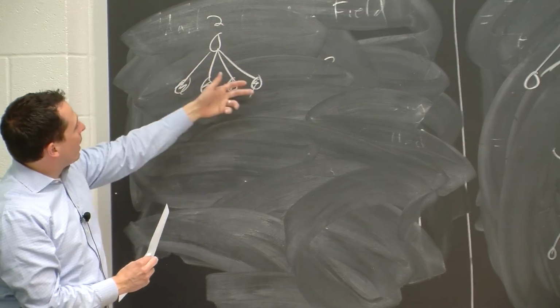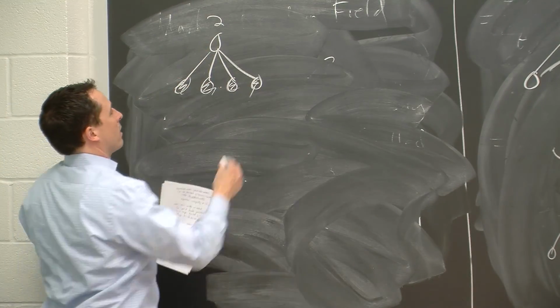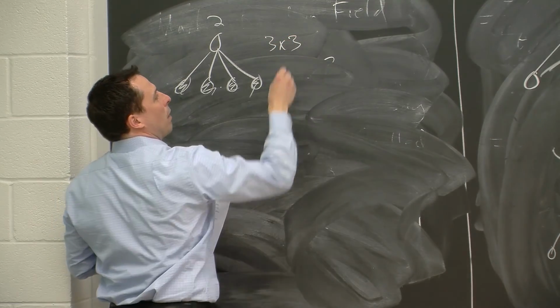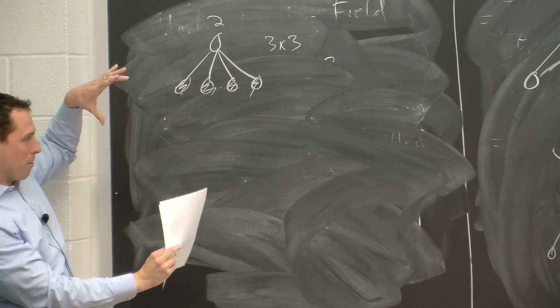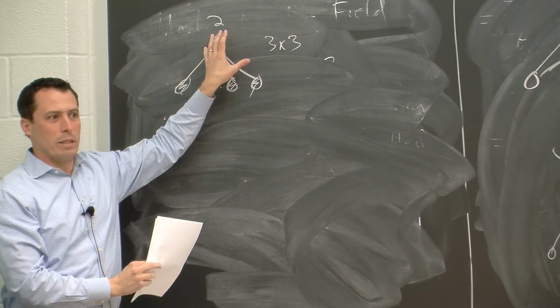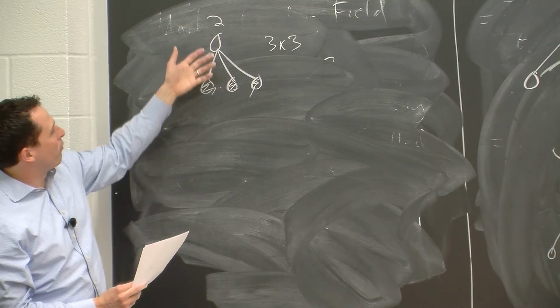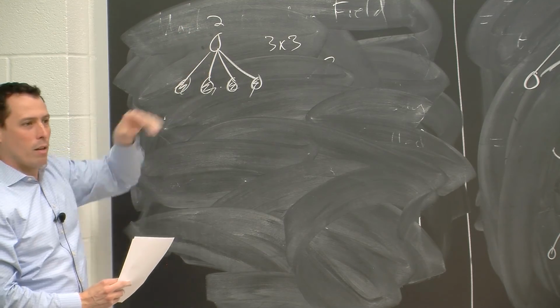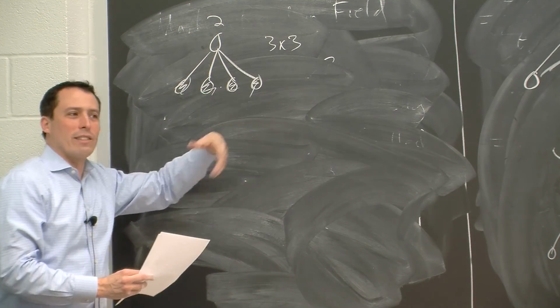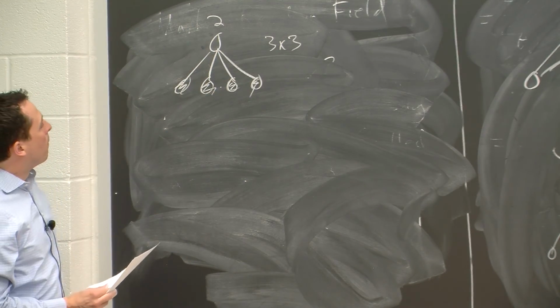No matter how I do that, it turns out that in this case the 3x3 minors of that matrix, the determinants of any 3x3 submatrix, will be 0. Basically, any matrix I can form from this has rank only 2. It's like a generalization of independence.